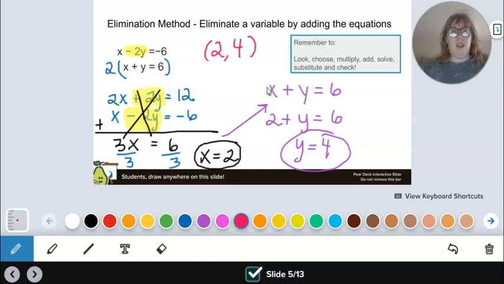Divide everything by 4, and we get x equals negative 1. So our coordinate, the system solution, is (-1, 0). Beautiful.